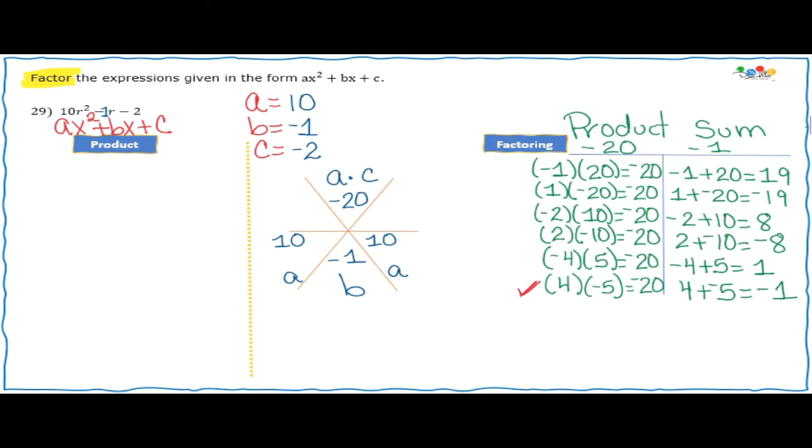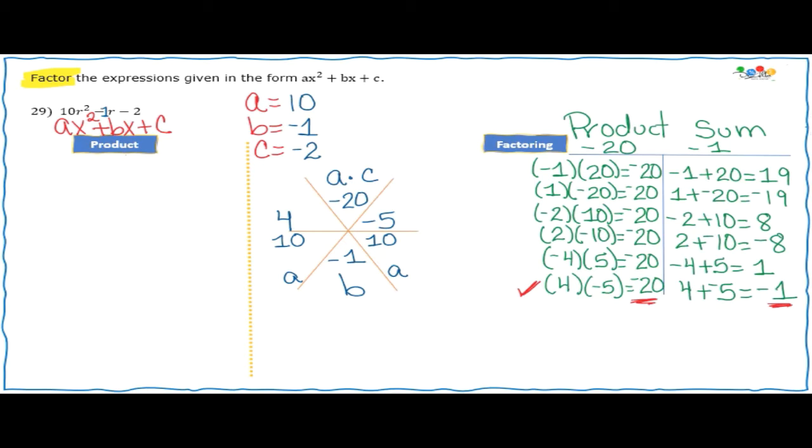Yes, that's what I was looking for, right? So I was looking for the product of negative 20, and I was looking for the sum of negative 1, which I got already. So those are my factors, right? So I'm going to write down a 4, and I'm going to write down a negative 5.